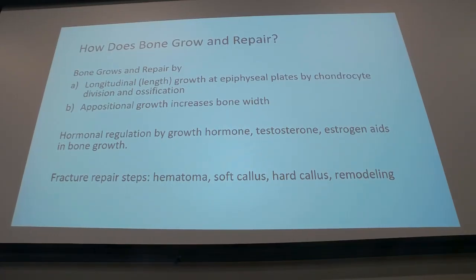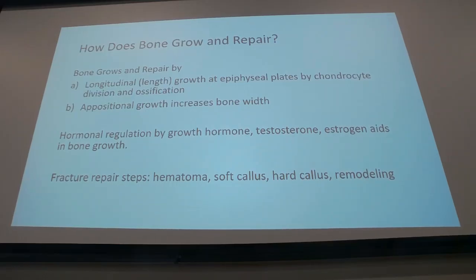So how does the bone grow and repair? Well, you can have bone growth in length, which is called longitudinal growth, that happens in the epiphyseal plate by division of the chondrocytes.